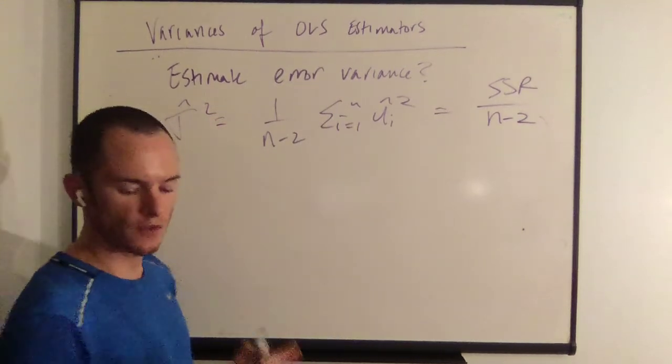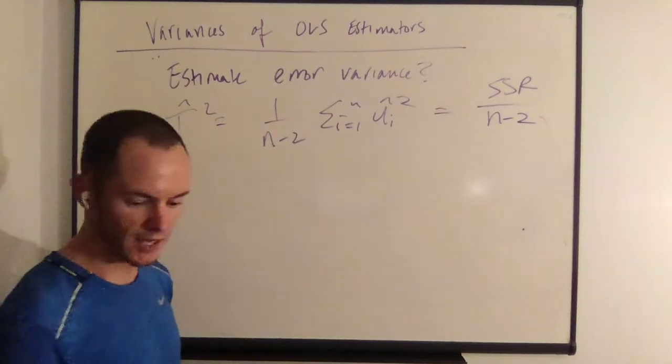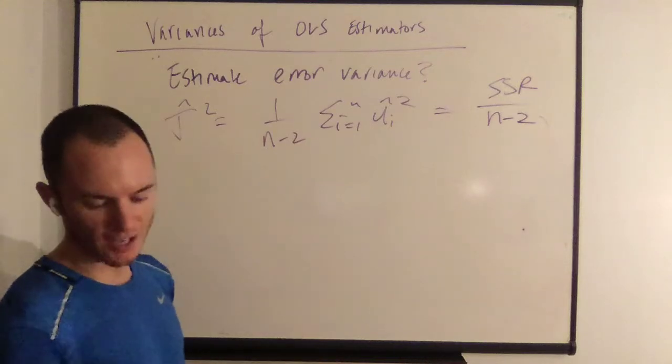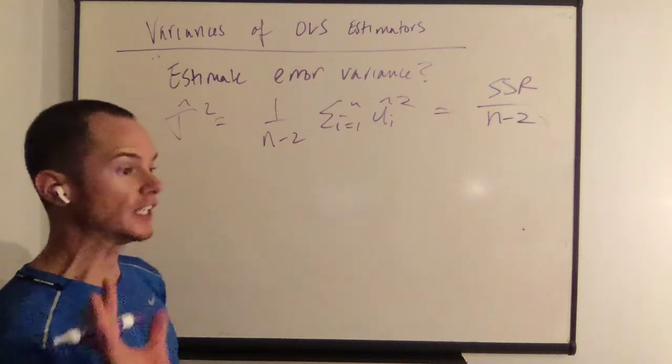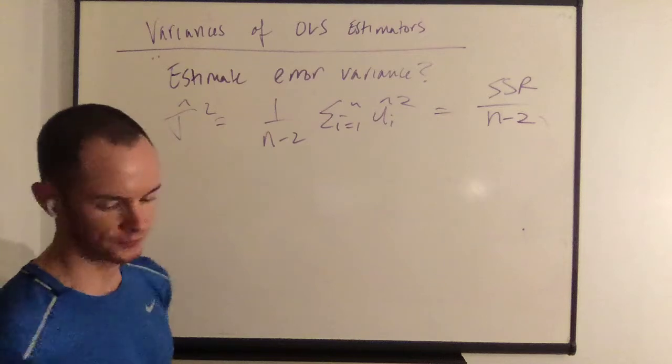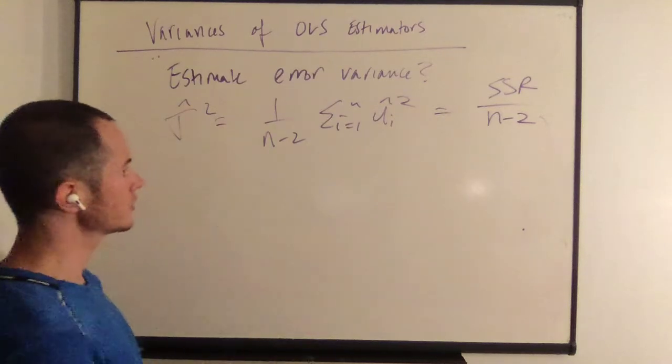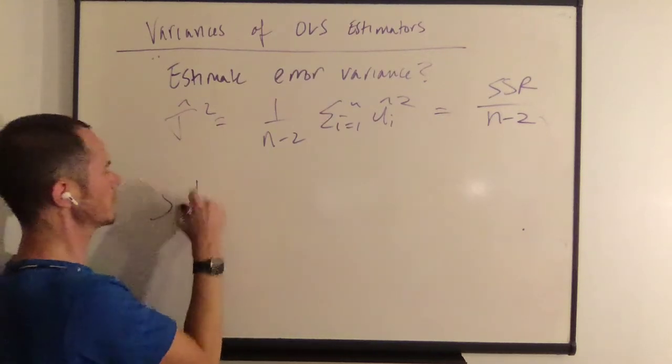This is the way that we can estimate the error variance. Plug this into the formula for the variances of the OLS estimators for unbiased estimates of the variances, conditional on homoscedasticity. We can also use this to get the standard error of the regression.